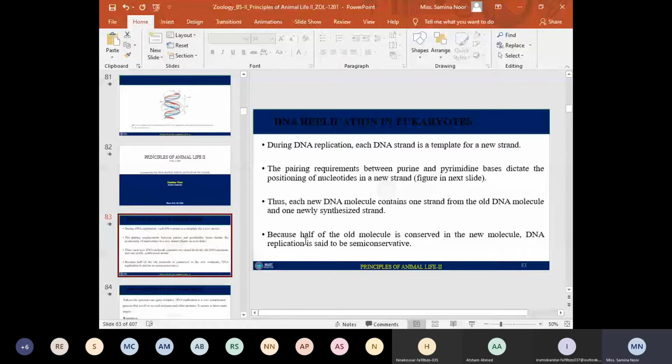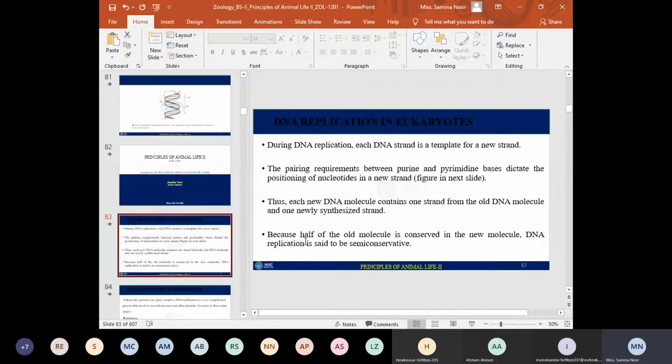So each new DNA molecule contains one strand from the parental DNA molecule, and one strand is newly synthesized. In every DNA molecule, one strand is from the parental DNA molecule and one strand is newly synthesized.